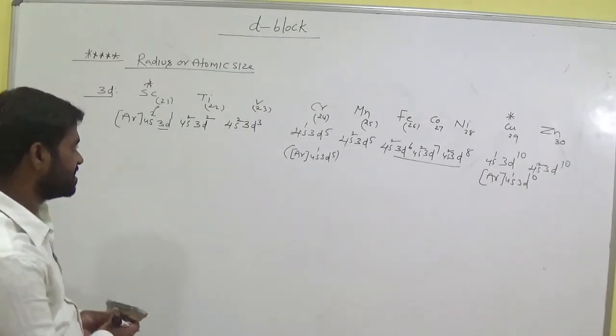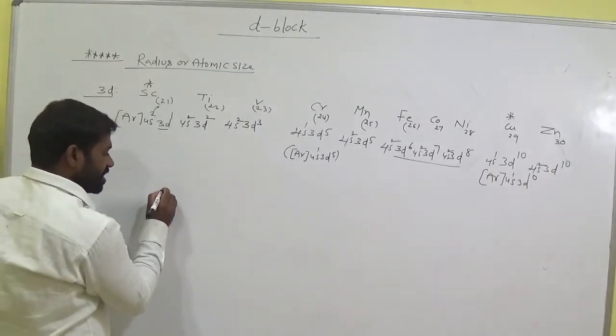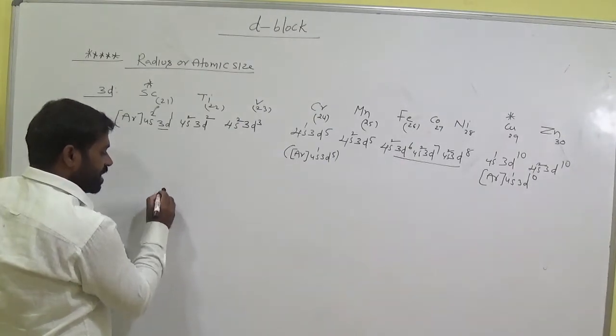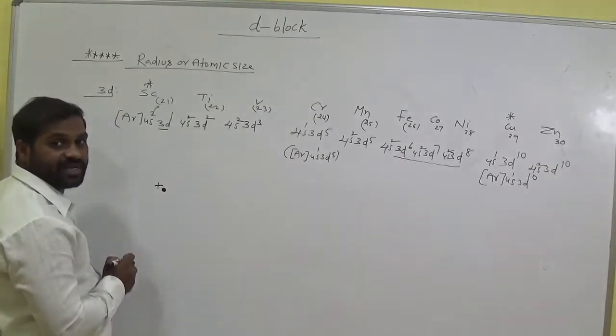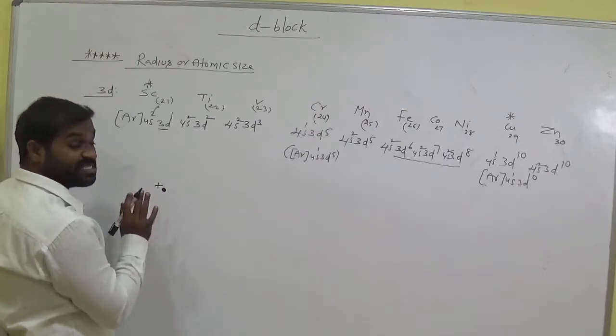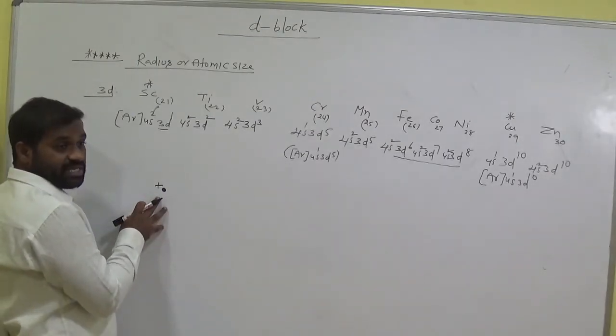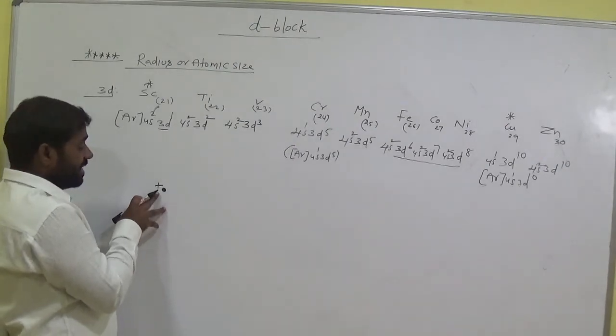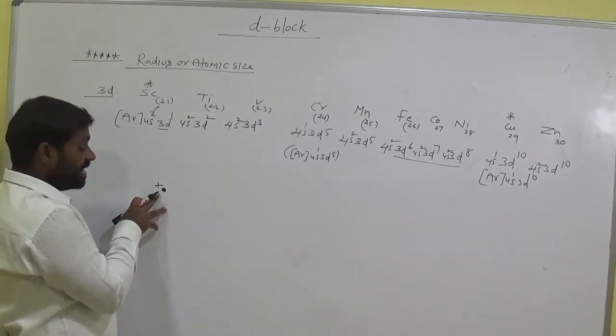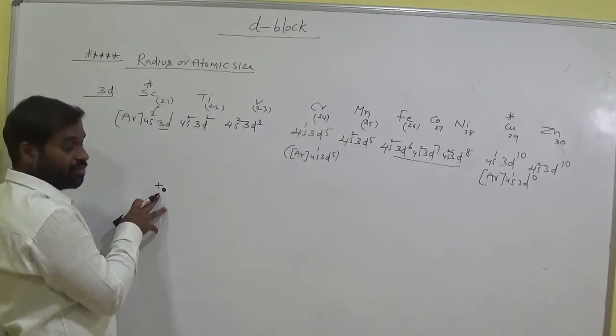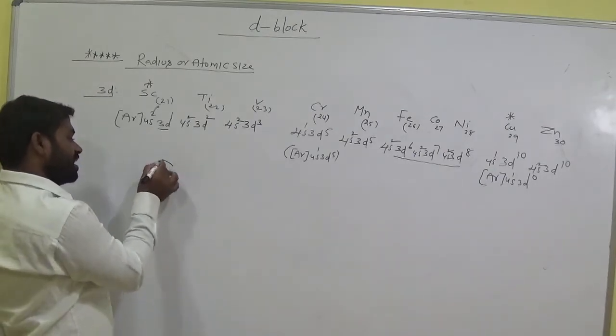So let's see. This is the nucleus. What charge is present at the nucleus? Positive, because protons are present. Neutrons and protons are in the nucleus; protons carry positive charge and neutrons are chargeless.